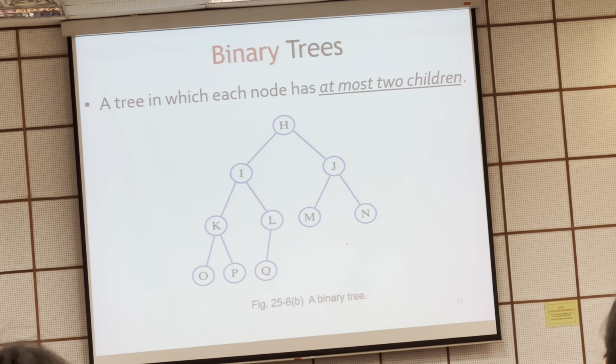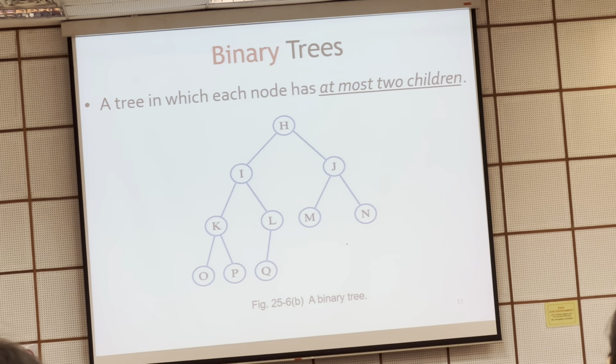So now next, let's take a look at our binary tree. Binary means zeros and 1. Two states only. So in that case, our tree will have at most 2 children. One node can have 0 children, like M, O, no children, it's a leaf node.